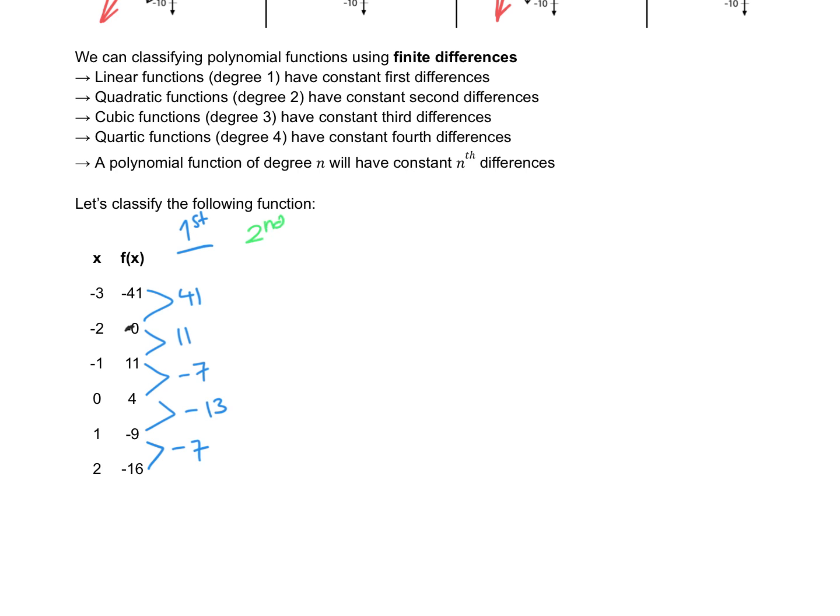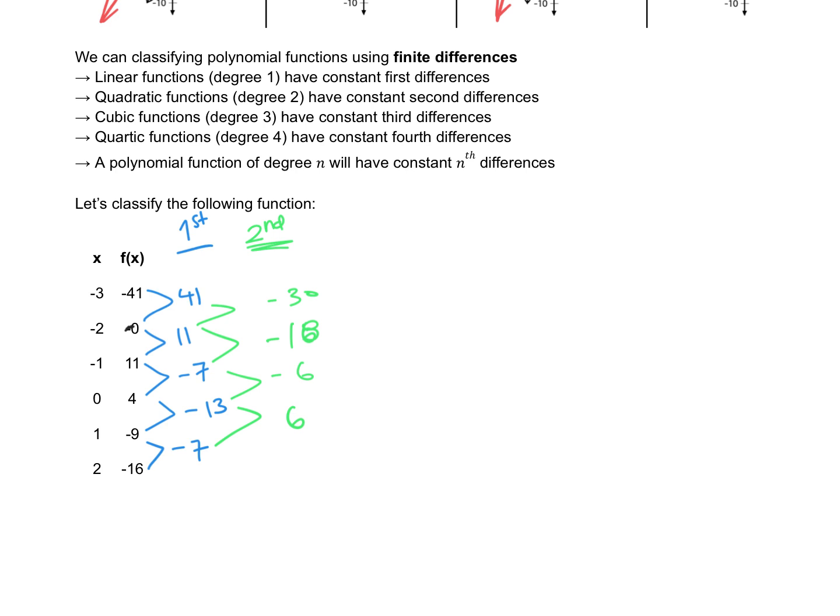So I'm going to go to my second differences, and here I'm going to take my first differences and pair those up. So negative 7 subtract negative 13 is 6. Negative 13 subtract negative 7 is negative 6. Negative 7 minus 11 is negative 18, and 11 minus 41 is negative 30.